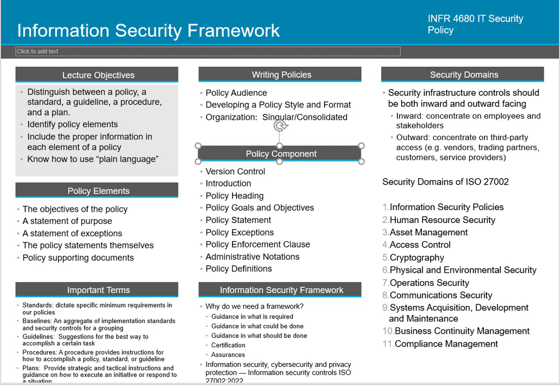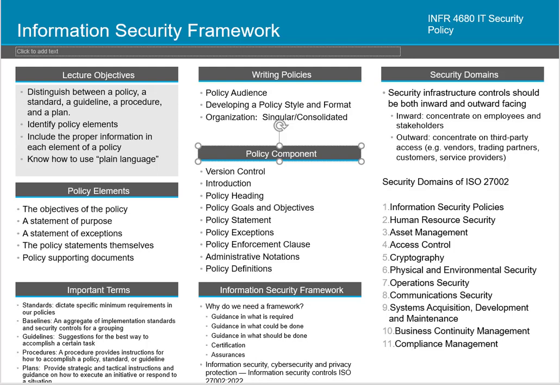There is guidance on what's required, what could be done, what should be done. There can be certifications, let's say, to a particular standard or a certification authority. And then there are assurances, which are not necessarily enforceable in the same way. So the information security, cybersecurity, and privacy protection is found in the ISO standard.